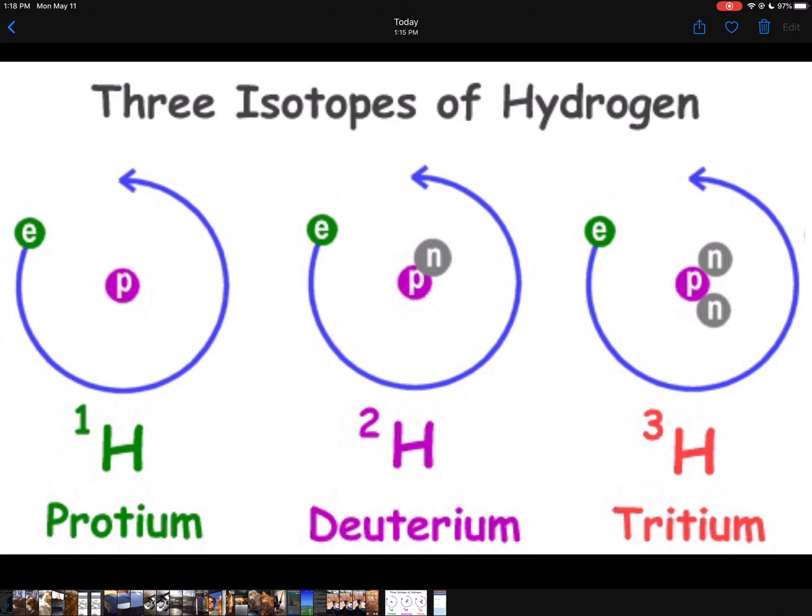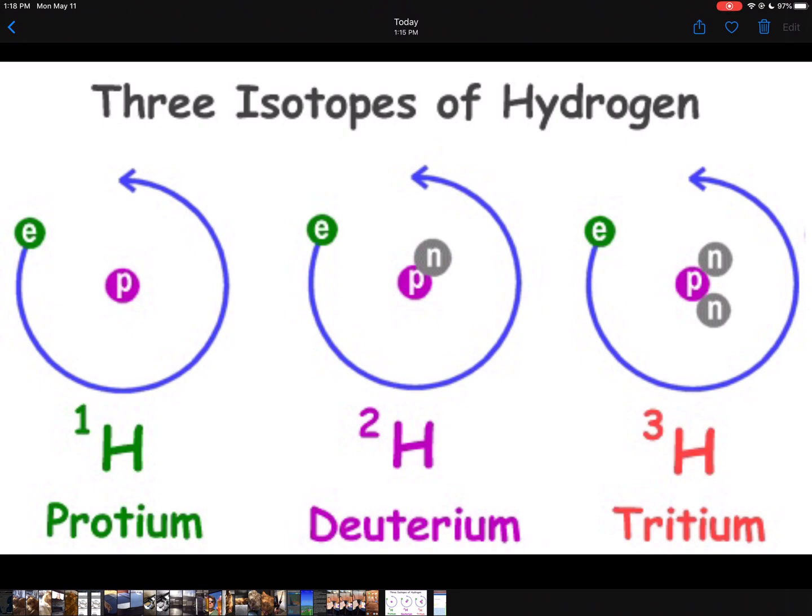This is hydrogen, but you notice that there's a neutron in the nucleus. Now, if you have a proton and a neutron, your atomic mass is 2. Move over to tritium. Now, if we add a second neutron in there, we have 3 particles in the nucleus. It weighs 3. Now, it's still hydrogen because there's 1 proton, but it has an atomic mass of 3.